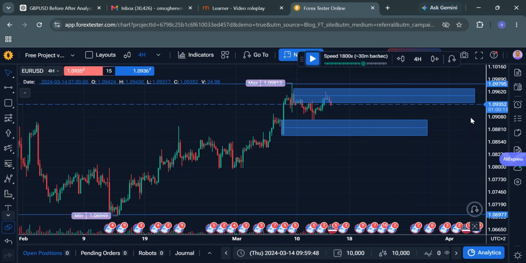Now with this, I want to take a sell opportunity from here to this zone. This is where I'm looking to take my next sell opportunity, and with this I can decide to go into the 1-hour time frame.